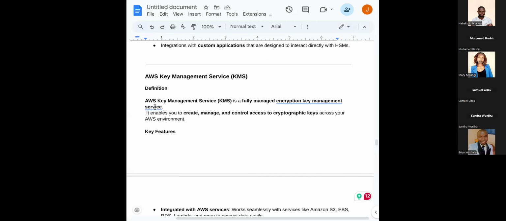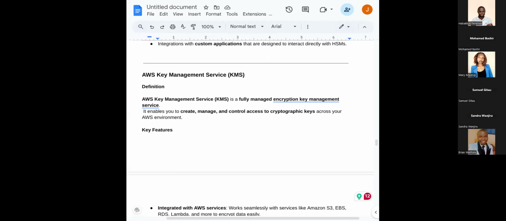All right, let's go to KMS. Now, KMS is one of the services that you're going to come into contact with a lot of the time, especially if you advance your career in the cloud. KMS is a fully managed encryption key management service. It enables you to create your own keys, manage them, and gives you control over your cryptographic keys.